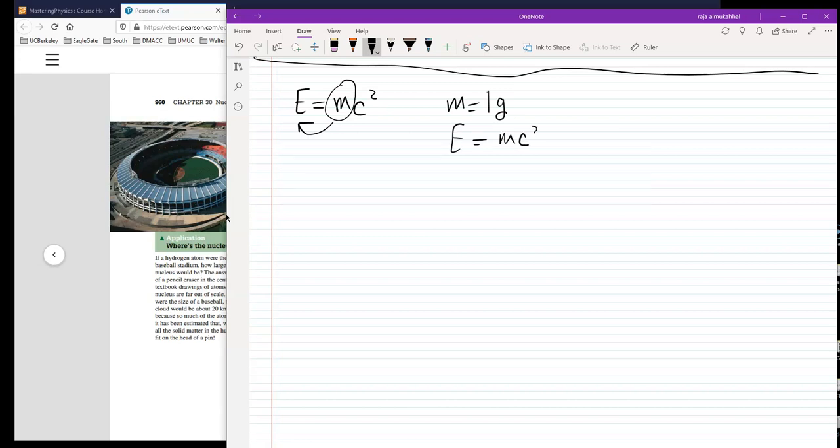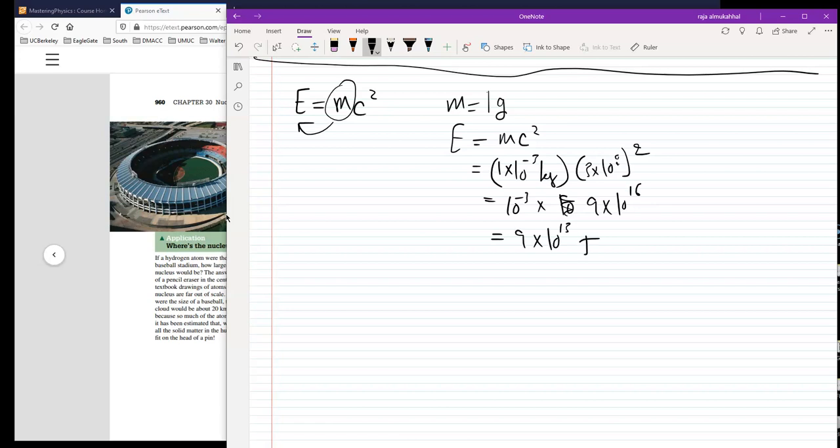It's mc squared, so it's 1 times 10 to the negative 3 kilogram times c squared, 3 times 10 to the 8 squared. That will be 10 to the negative 3 times 9 times 10 to the 16, so 9 times 10 to the 13 joule. Got that? So if I have 1 gram of matter and I convert it into heat, I will get this much heat, or whatever energy you're dealing with. A huge amount of energy.